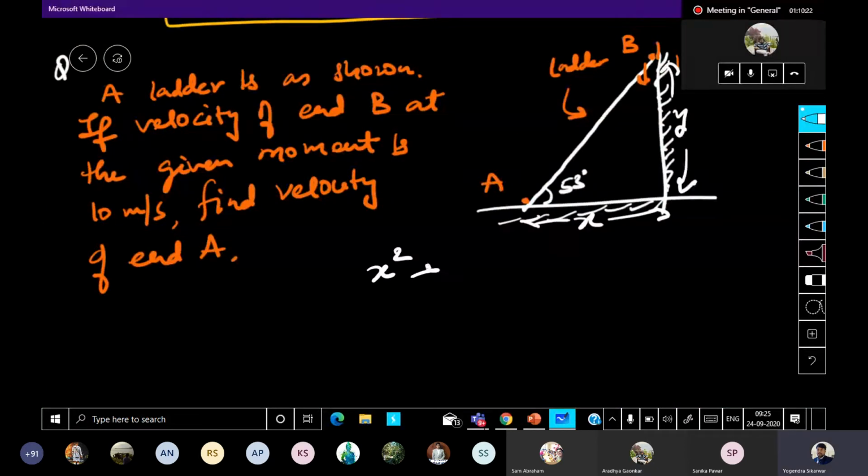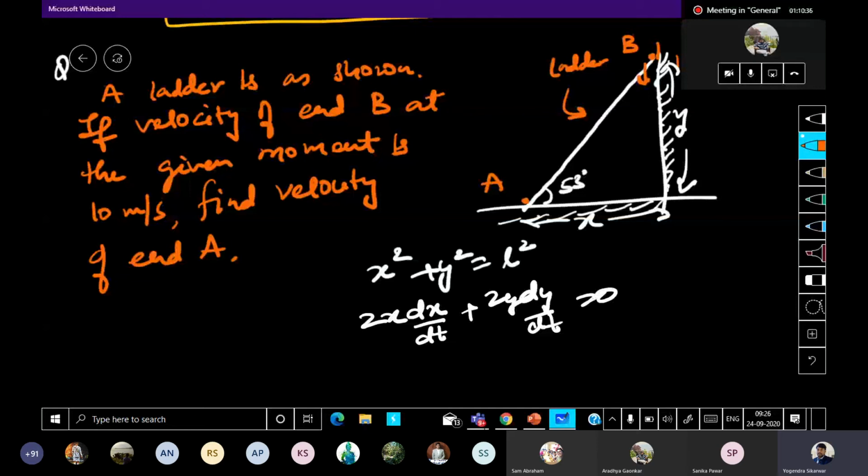So x square plus y square is equal to L square. Differentiating, 2x into dx upon dt plus 2y into dy upon dt is equal to 0. 2 got cancelled. x into dx by dt is VA plus y into VB is equal to 0.